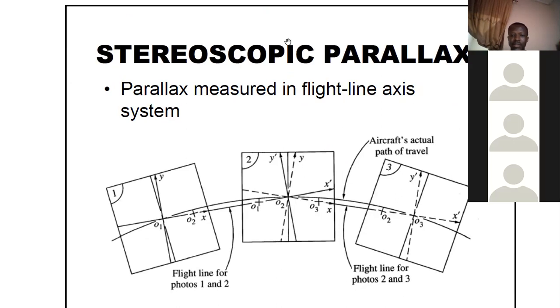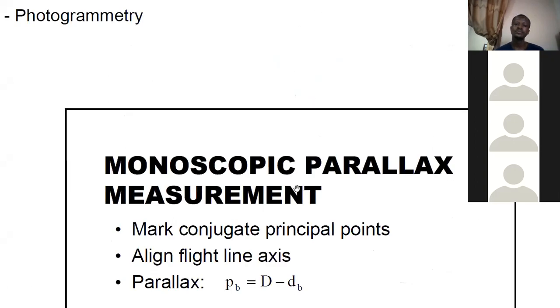But you need to recognize that it's very important for the photos to be aligned. We need to recognize that the aircraft may not necessarily move in a certain straight line. It's basic theory. All right, let's move on.